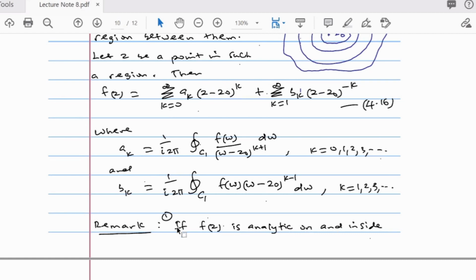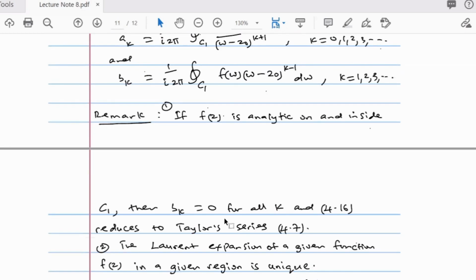But look at this very important remark. If the function is analytic on and inside the circle, meaning that the function is differentiable inside and on the boundary of the circle, then the whole of this becomes 0. In that case, your Laurent series becomes your Taylor series. Is that okay?